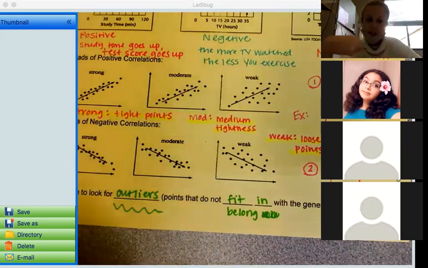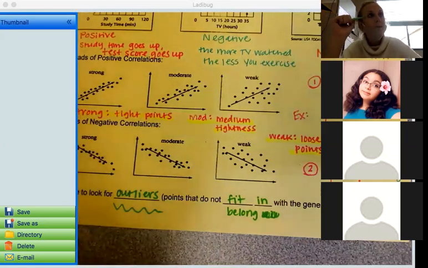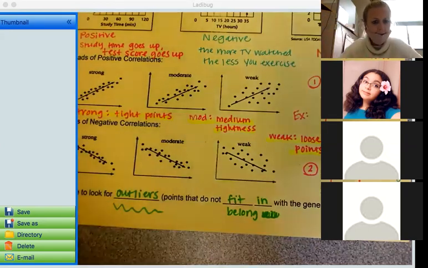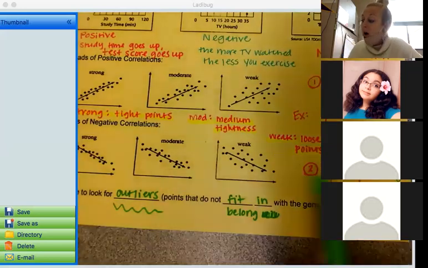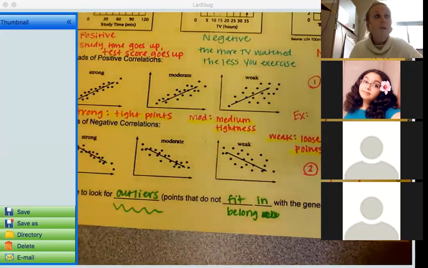If all of us take a poll, who's going to be the outlier probably? Me, because I'm an old lady. I don't like the same stuff y'all like for the most part. I do like TikTok. Good, she said you. Yes, ma'am. I will be the outlier. Does that make sense? Okay. If there is an outlier, it lies outside the rest of the data. You don't use it. Sound good?